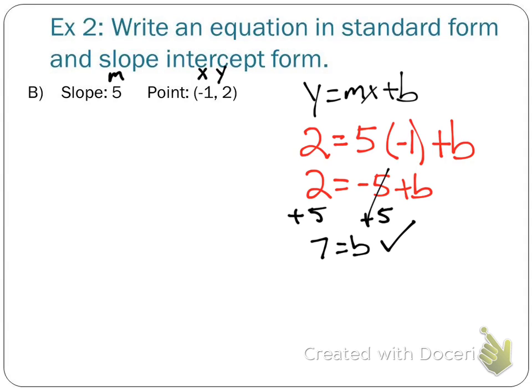Once you have your b and you have your m, now you're good to go. So what's the equation in slope-intercept form? Well, we got to go back to x's and y's. Y equals 5x, plus 7. Good.